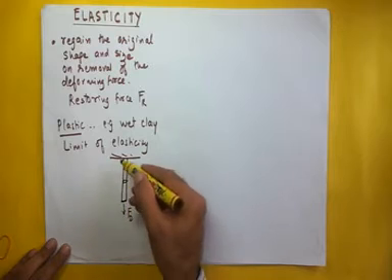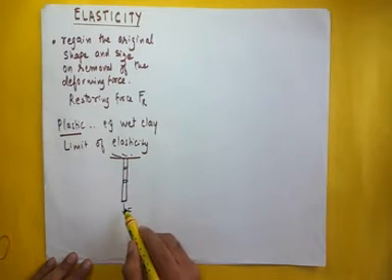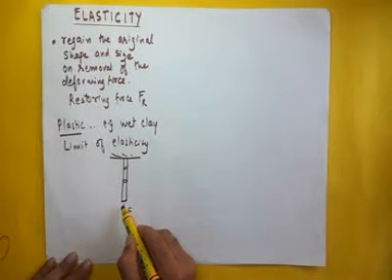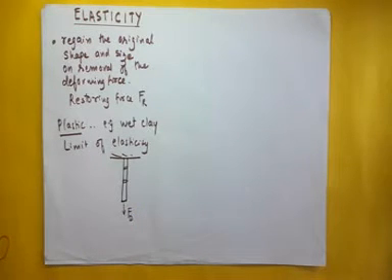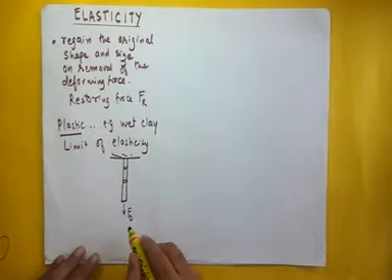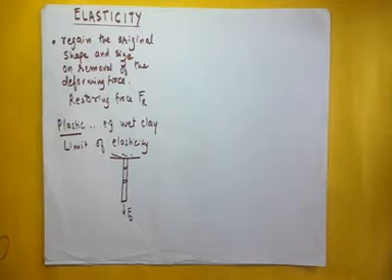This Fd will generate Fr, the restoring force, inside. When I apply this deforming force, this rod will elongate, and when I remove it, it will go back to its original shape. The question is, what would happen if I continue to increase the deforming force, say, indefinitely?